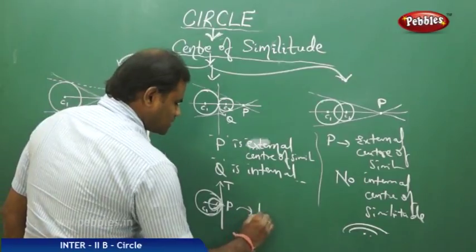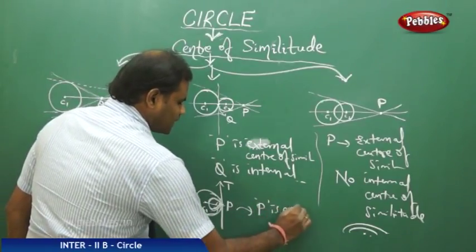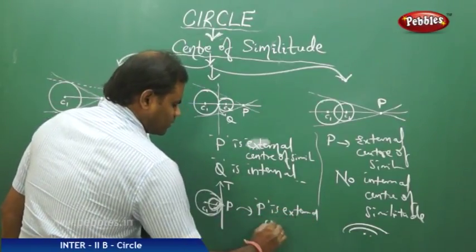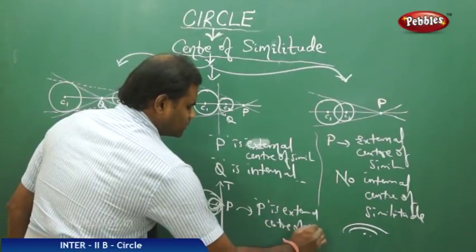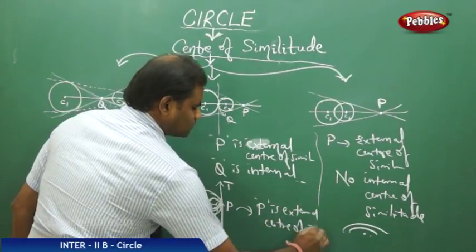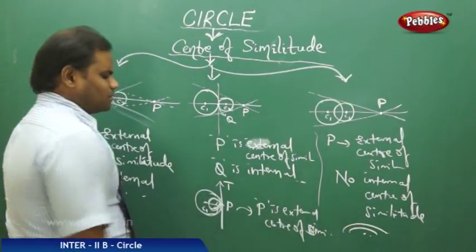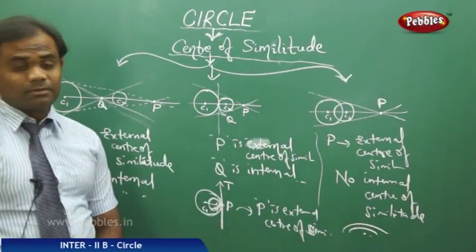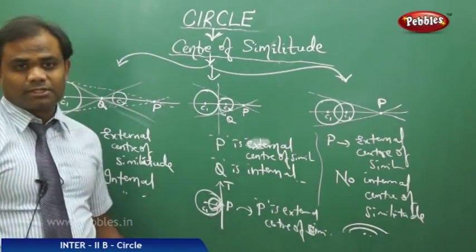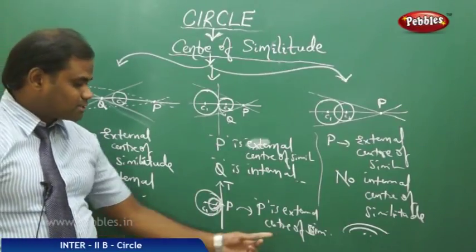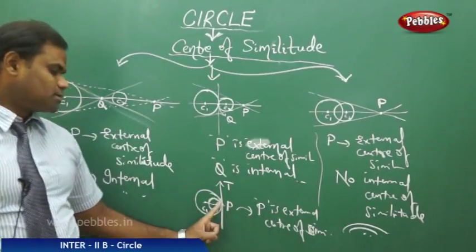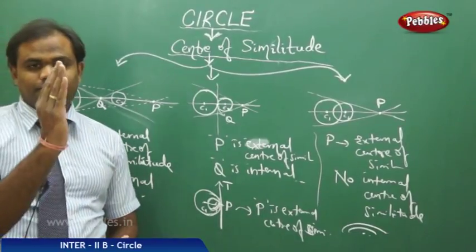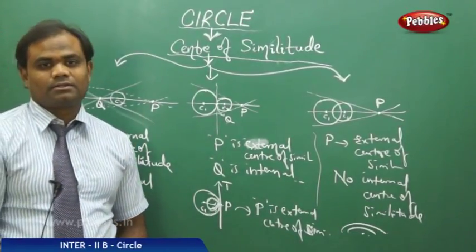Therefore, in this case, P is the external center of similitude. But there is no internal center of similitude when the two circles touch internally. There is only the external center of similitude, which is the point of contact of the tangent with the two circles.